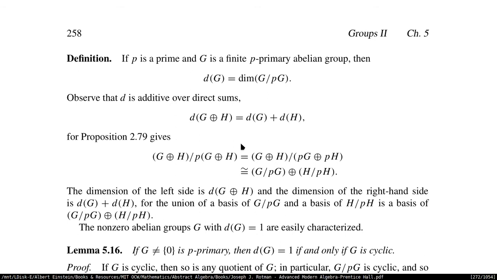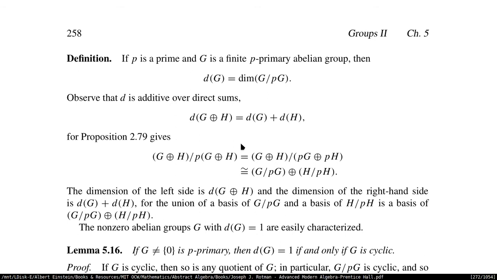So if that's a vector space, you can have a dimension of that vector space, right? Because in terms of groups, you don't really have the conception of dimension yet, but as a vector space, you can of course have the dimension from the basis. So this is D of G, an operation, you might say.